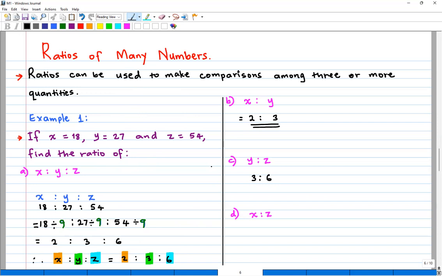Now, when you look at this ratio, 3 to 6, you see that it is not written in simplest form. So we have got to go ahead and write it in simplest form. The common factor of 3 and 6 is 3. So we get 3 divided by 3 to 6 divided by 3.